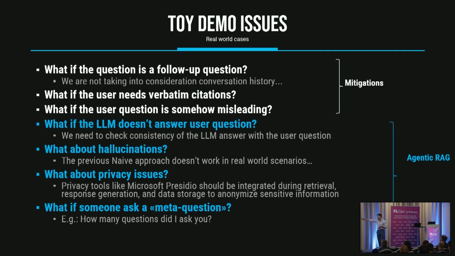But my favorite one is if someone asks a meta question. The canonical example is: how many questions have I asked you until now? It's an easy question, but it would go on the vector store looking for the solution, which of course makes no sense, because the question itself is not a proper question.